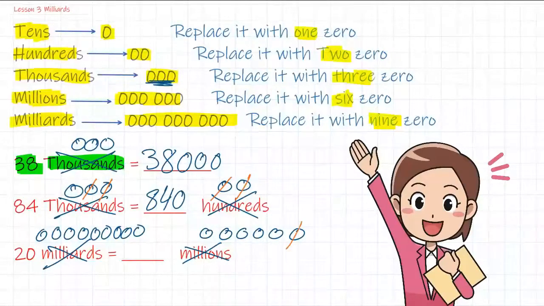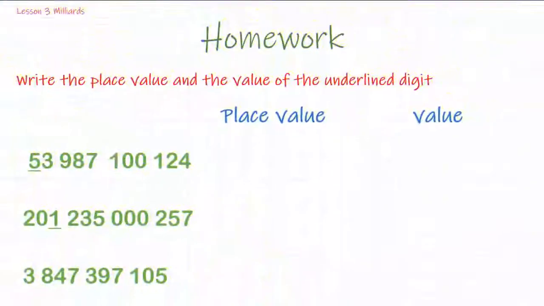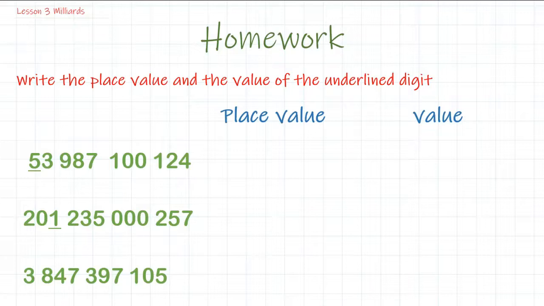We have 1 with 1, 0 with 0, 0 with 0, 0 with 0, 0 with 0 like that, 0 with 0. Write 20 here and we have 3 remaining zeros, so write it beside it like that. So that's our number. Okay guys, that's our lesson for today, and here is the homework.